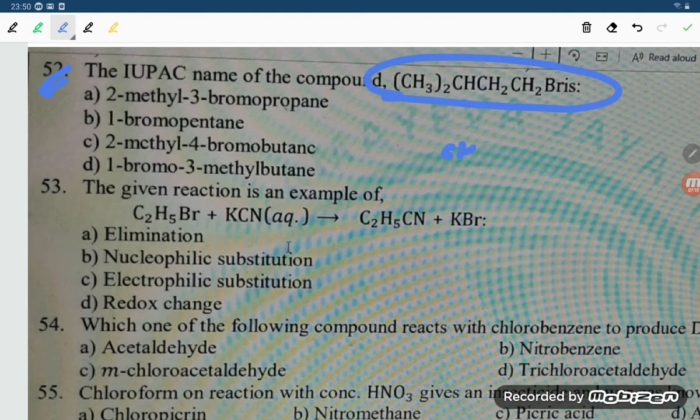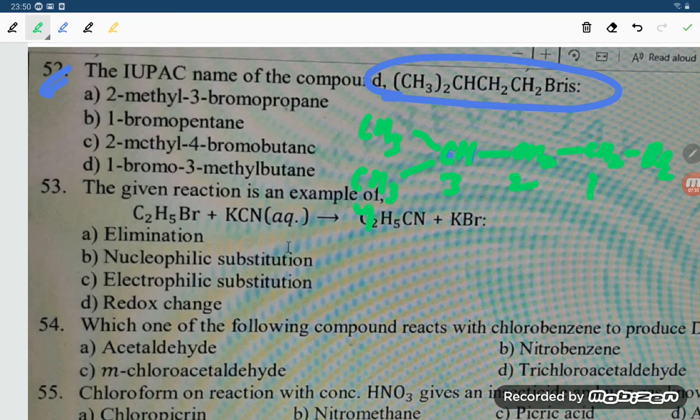So if you write here CH, a little different CH, and here are 2 CH3 groups, CH3 and CH3. And then what is there, student? This is CH only. Another is there, again CH2 and Br. So here bromo is there, so we will start numbering from here, 1, 2, 3, 4.